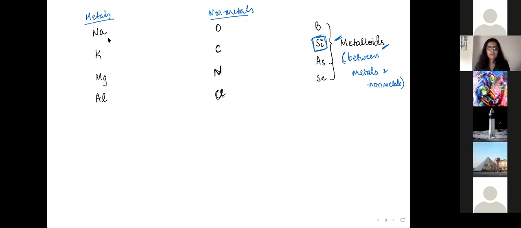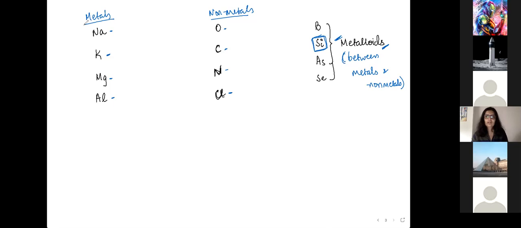Now we'll just limit it at this because I need you guys to do one exercise here. Do you guys remember the electronic configuration for these? How many of you remember it? How many of you don't remember it? Raise your hand or talk about it.